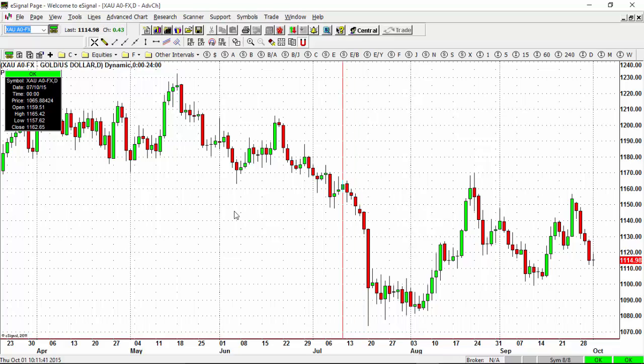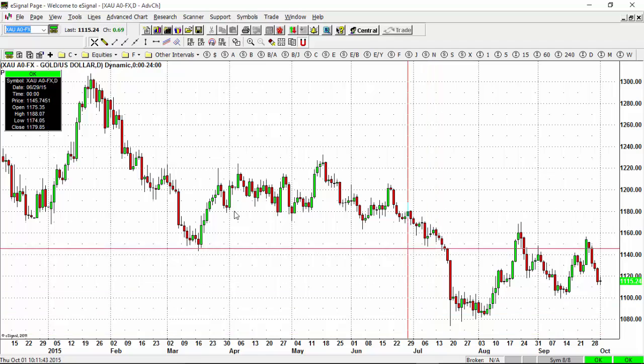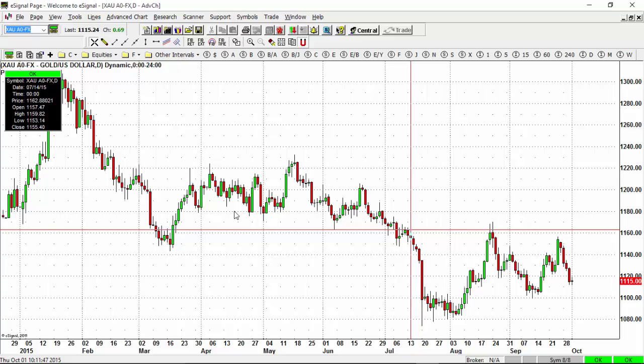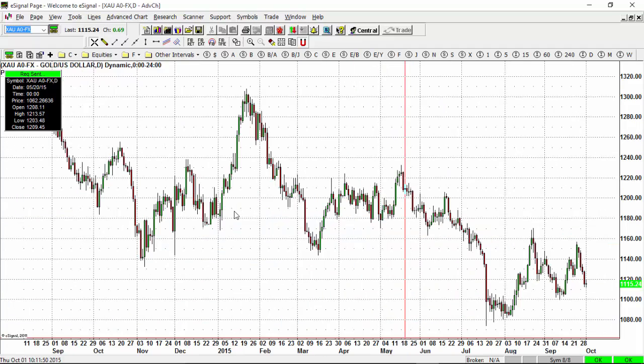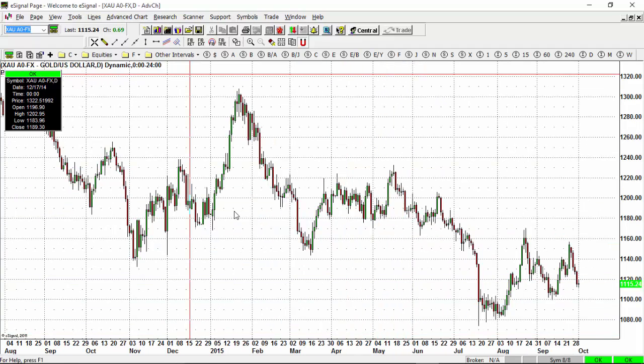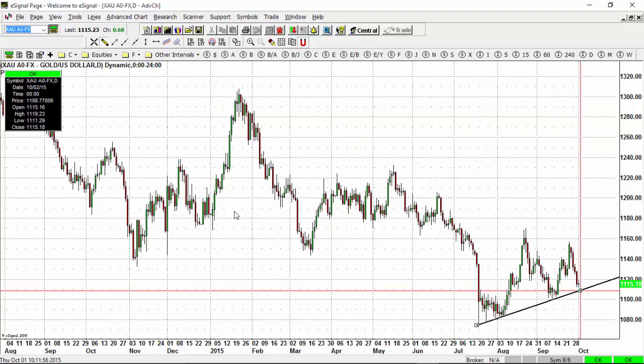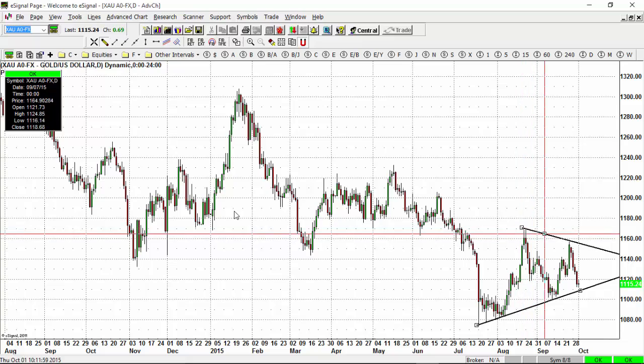What we have in front of us is a chart of gold versus the US dollar. It's a daily chart, and what we are seeing here in gold is a triangular consolidation pattern.